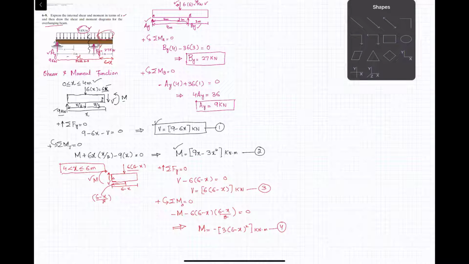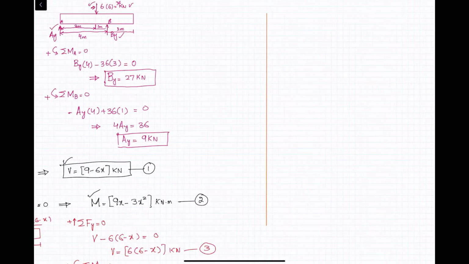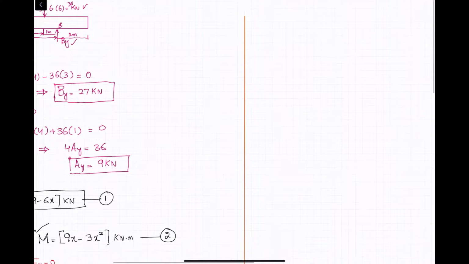For that I have to draw a vertical line. Let this be the vertical line, and the length of the beam is 6. So let's say this is 1, 2, 3, 4, 5, and this is 6.